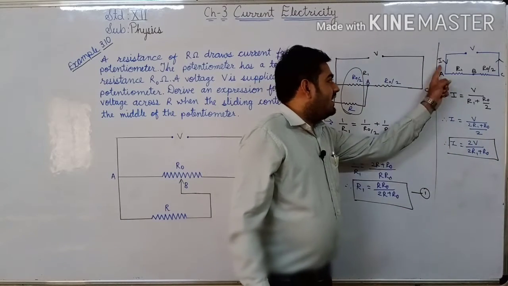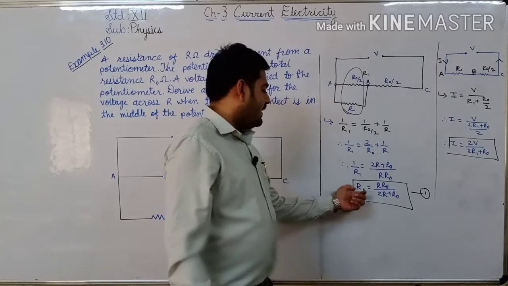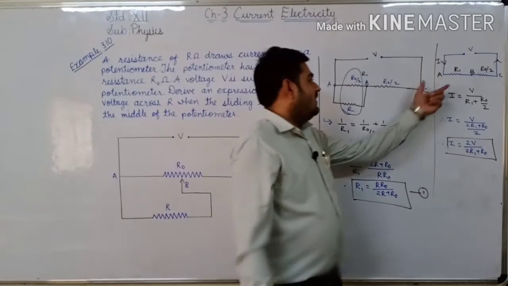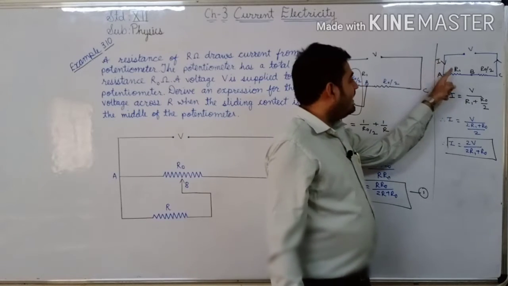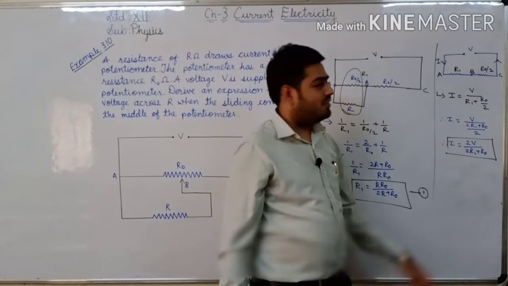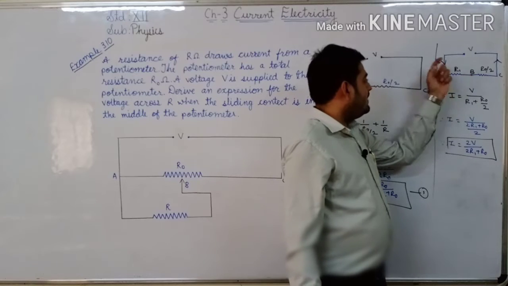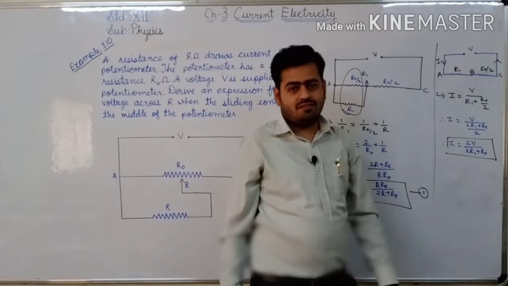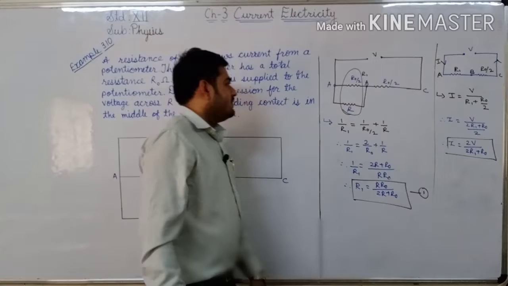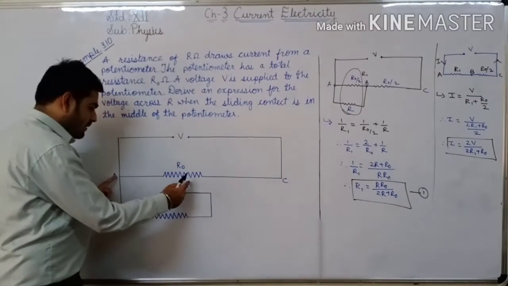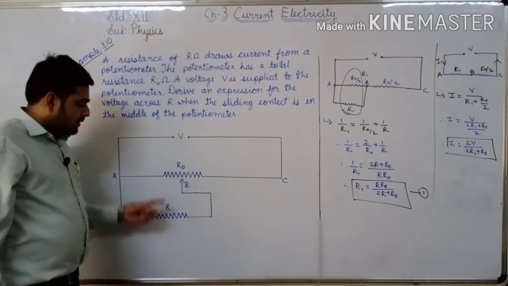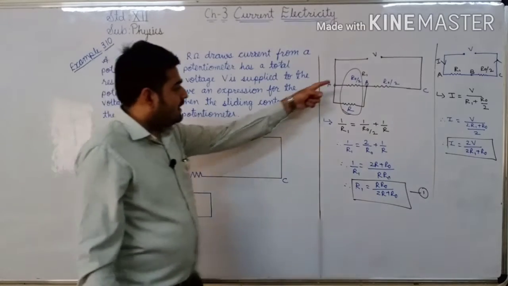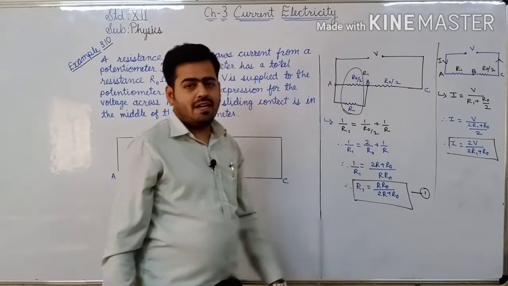अब हमारे पास I है, हमारे पास R1 है. What is the potential drop across AB, that is IR1. यस और नो? पोटेंशियल ड्रॉप अक्रॉस AB इज नथिंग बट IR1. फिगर पे से क्लियर है. तो अगर पोटेंशियल ड्रॉप अक्रॉस AB अवेलेबल है, सेम विल बी द पोटेंशियल ड्रॉप अक्रॉस R, बिकॉज दिस R0 by 2 and R are in parallel.